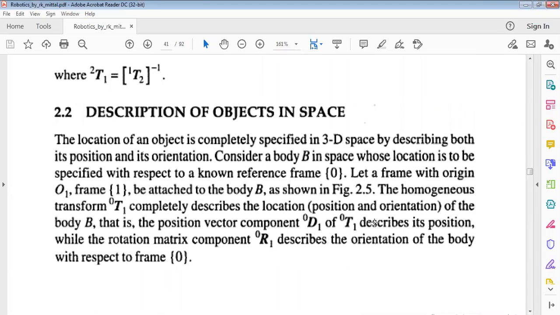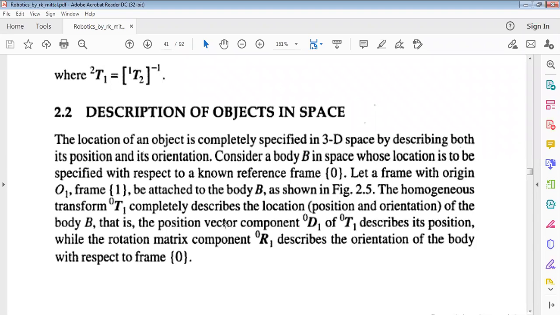So now let us discuss how to describe an object which is in space. Before we discuss the position and the orientation: an object in industrial robotics is picked by an industrial robot by its end effector, you know.